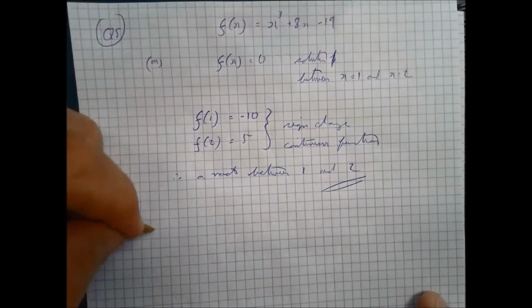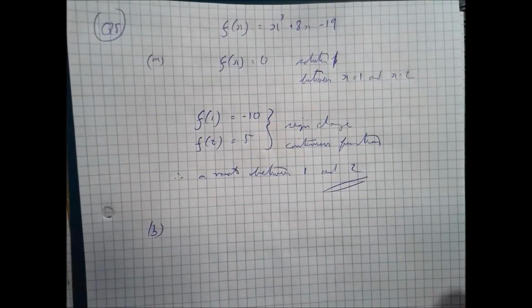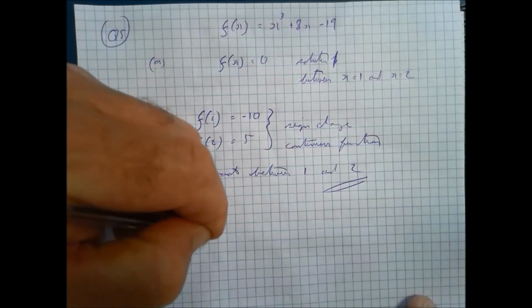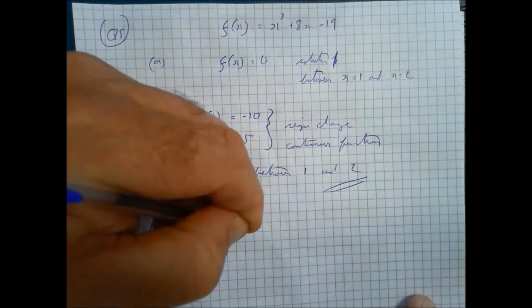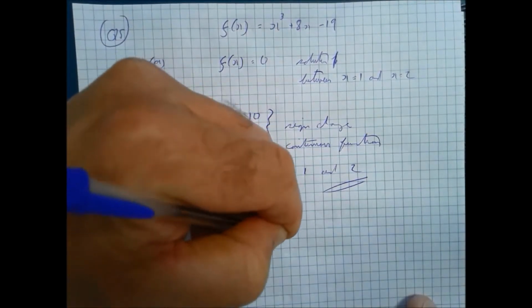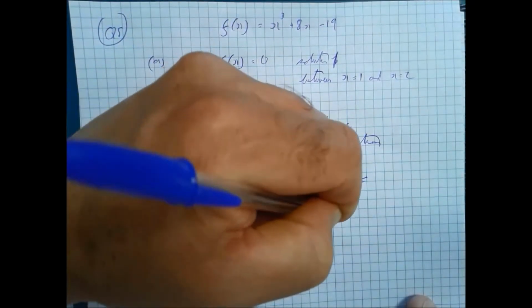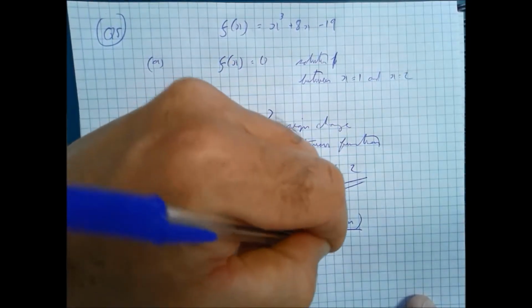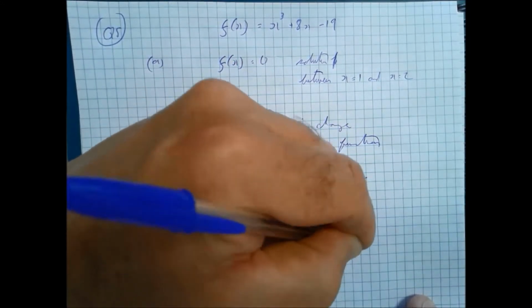Okay, part B, and we're going to start using Newton-Raphson this time. So, formula for Newton-Raphson: x n plus 1 equals x n minus f of x n over f dash x n.